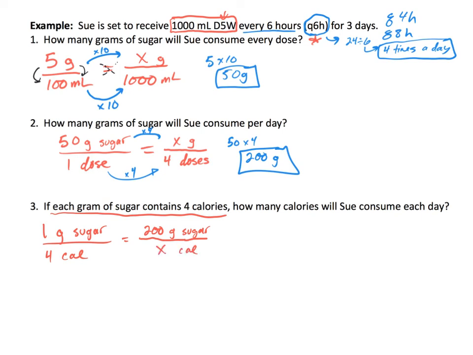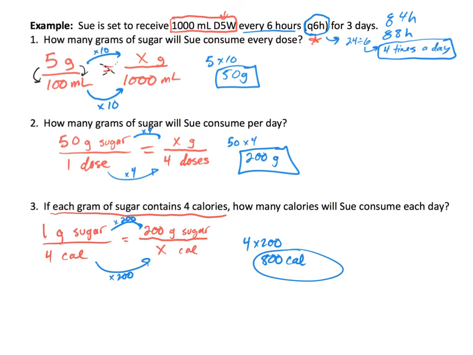So once again, I see that the grams of sugar is increasing by a factor of 200, which means the same thing needs to hold for the calories. So we'll get 4 times 200, we get 800. 800 calories total in this entire dose here of 1,000 mLs 4 times a day.